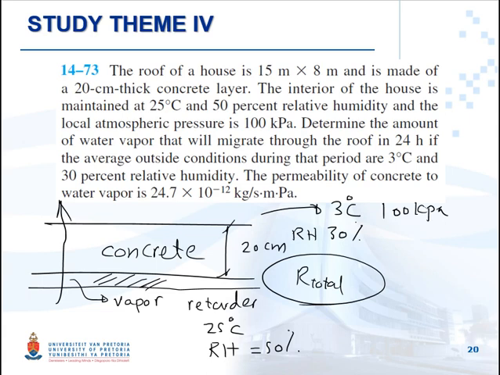So let's wait here and talk about water vapor migration in buildings, because we have a section for it in our textbook. We wanted to solve it, but after that we realized that we don't have enough information. Okay, let's go back and speak a little bit about the concept, and we come back to this question.